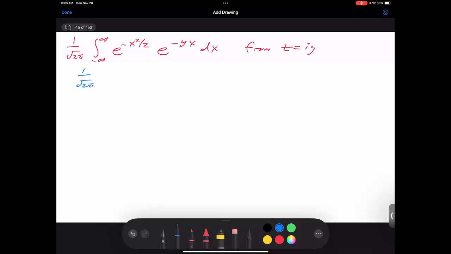We've got integration skills. So let's put it all in the exponential. So I'll have negative 1/2 times x squared minus 2yx dx. And I've probably left a giant space for a reason. What should I put in the giant space? Plus y squared minus y squared. Yeah, plus y squared minus y squared.